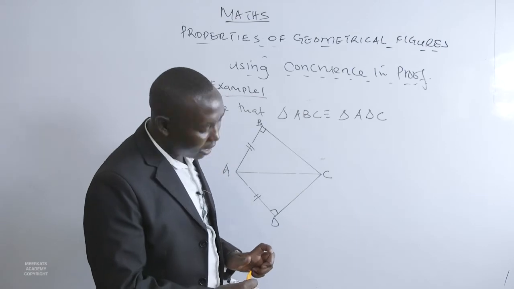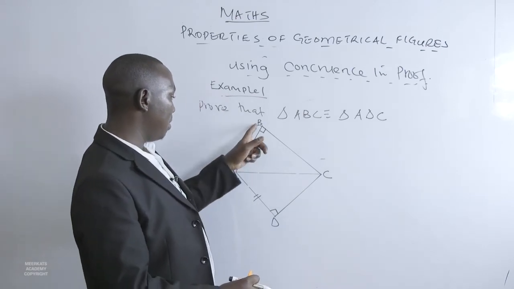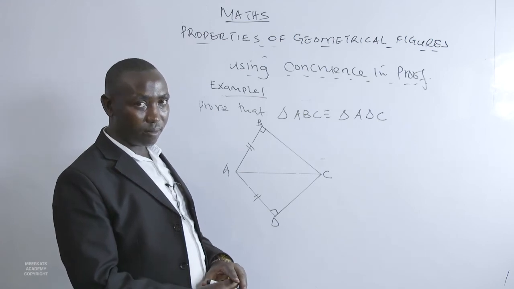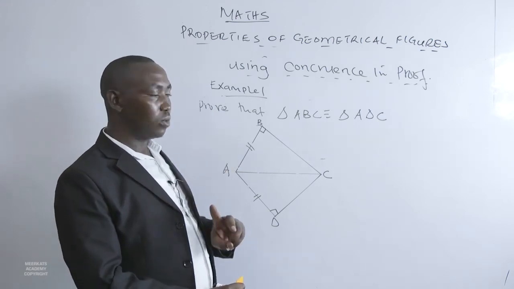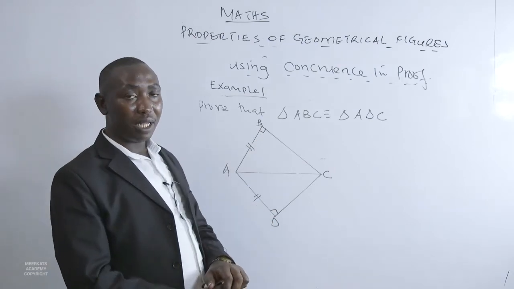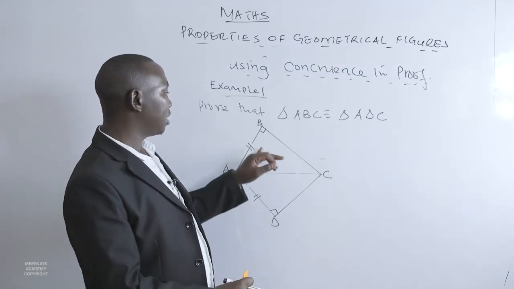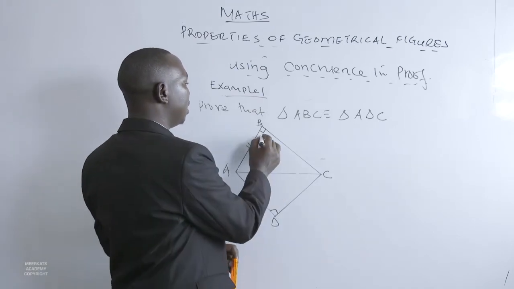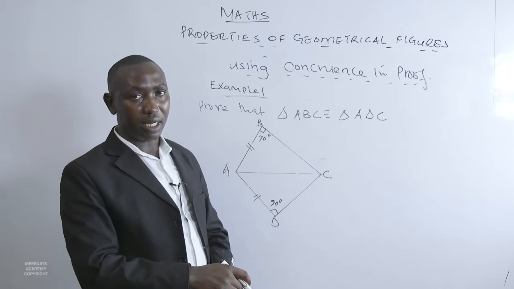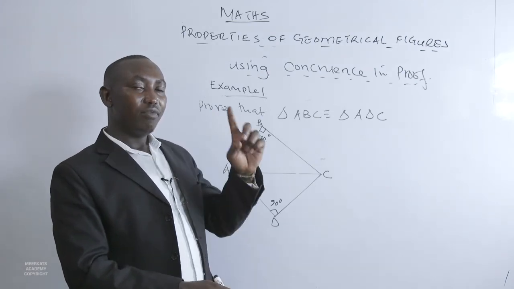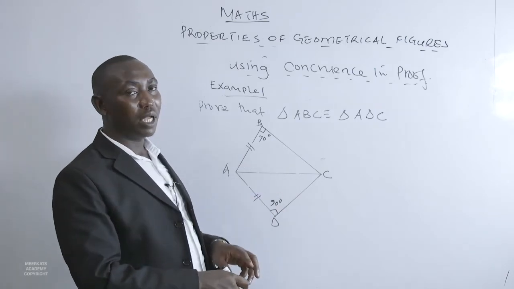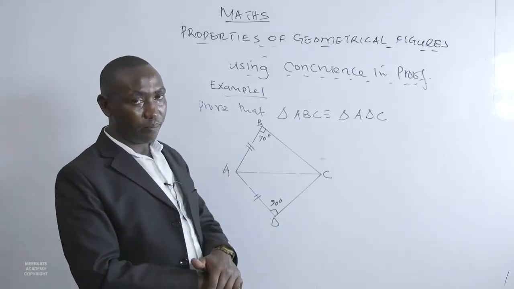Whatever we've been given is that side AB and side AD are equal, and this angle and this angle we have been given indicate that this is 90 degrees and therefore this is going to be 90 degrees. The other third critical thing that you can observe is on line AC.